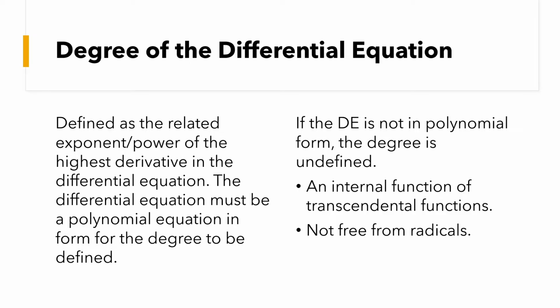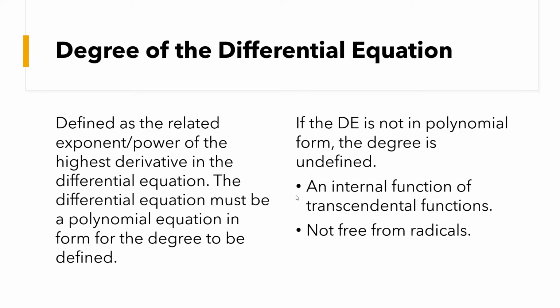This part, yung not free from radicals, this is actually manipulable, meaning pwede nating i-rearrange, by abiding with the basic algebra laws. So pwede natin siya i-manipulate for us to determine what is the degree, kasi pag naalis na natin yung radical, pwede na natin kunin yung degree ng differential equation.